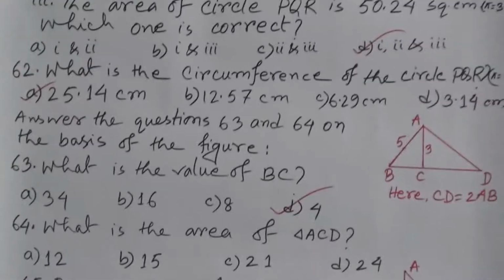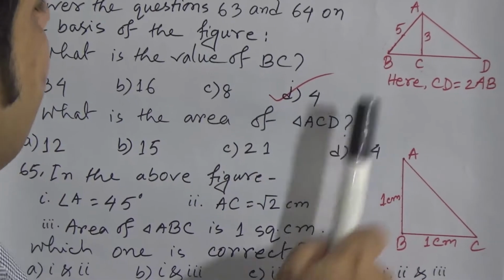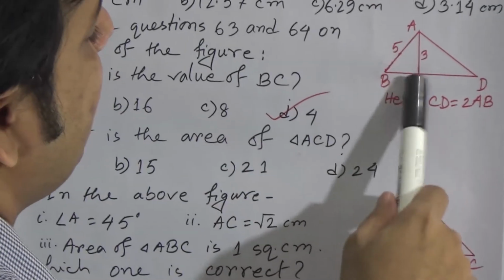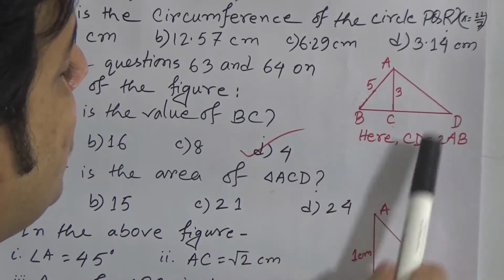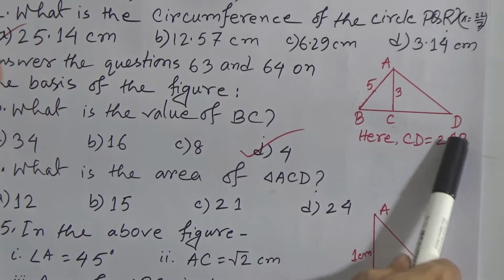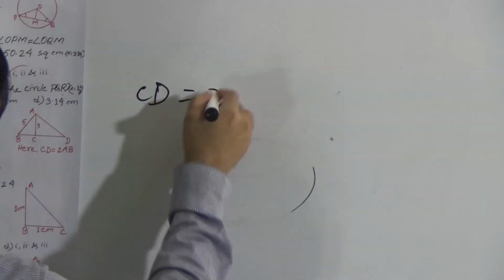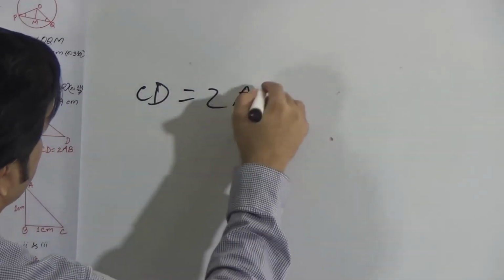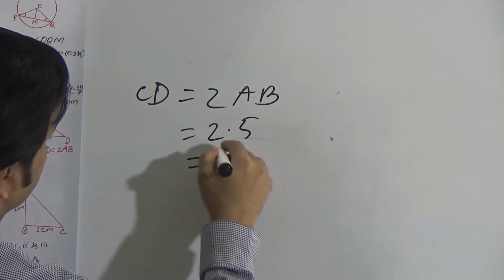Okay, now question 64. What is the area of triangle ACD? Here we have to find the area of triangle ACD. Dear students, you know here CD means 2AB. Here AB is given as 5, so CD will be 2 into AB, that is 2 into 5, which is 10.